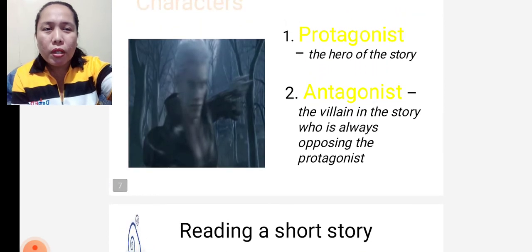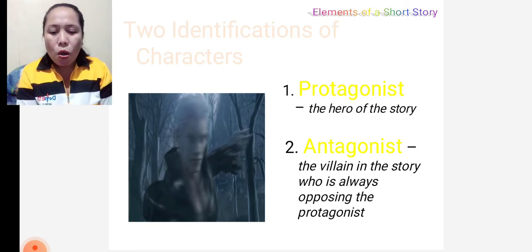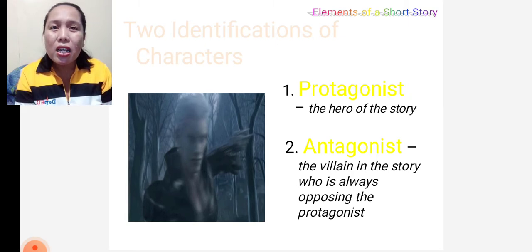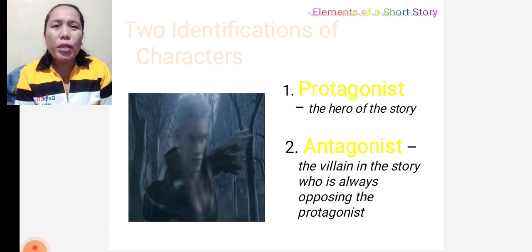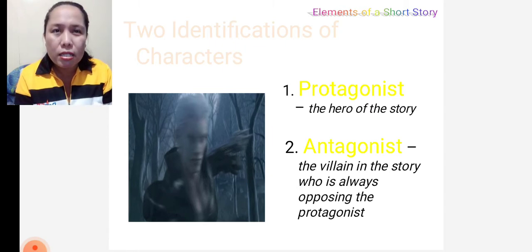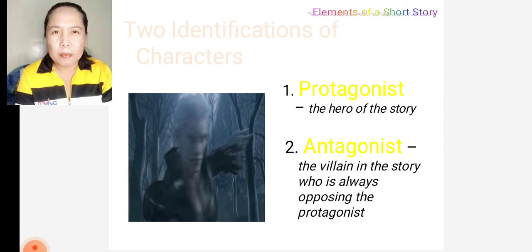Okay. There are two identifications of characters or na ay duha ka klase ang characters. First is we have the protagonist. Kaning protagonist class, mao ni sila ang hero sa story.